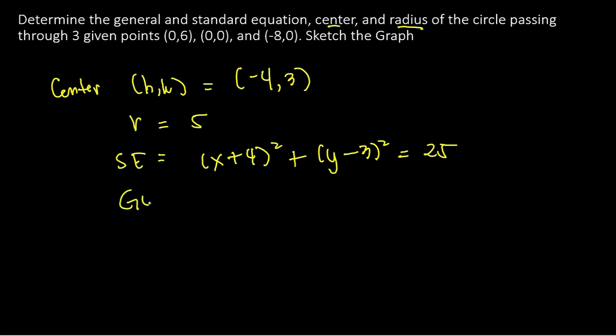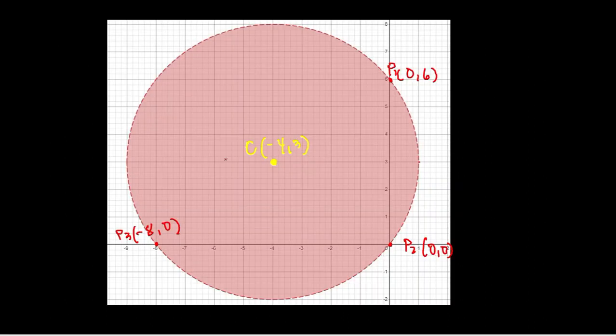For the general equation, we have x squared plus y squared plus 8x minus 6y equal to 0. So, ngayon naman, i-graph naman natin siya, ating center, which is negative 4, 3. And then, ito yung 3 given points na meron tayo.